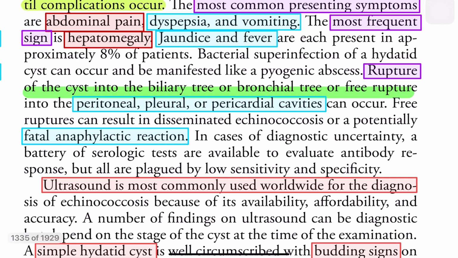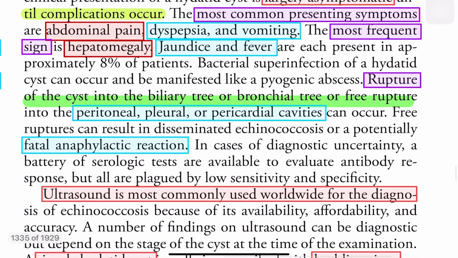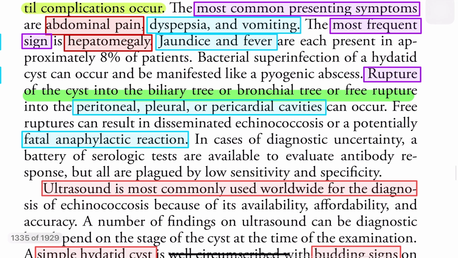Rupture of the cyst can occur into the peritoneal, pleural and pericardial cavity, but most commonly into the biliary tree.